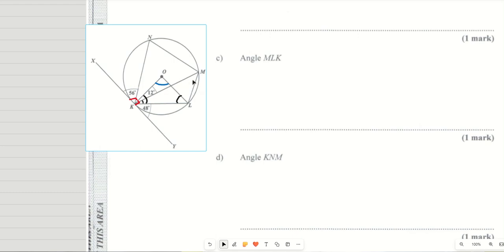Can we find out this angle here? Yes, we can, because remember, one of our rules stated that KL is a chord and the angle at the center of the circle, which was this blue part, is twice the size of this angle KML. So if we find this angle here, it's very easy to find angle MLK.